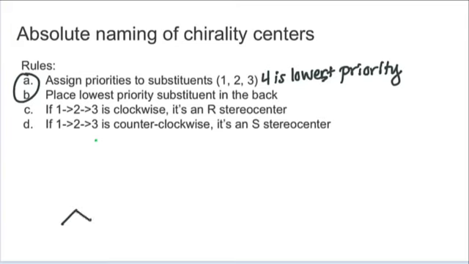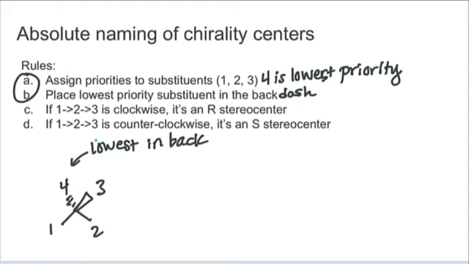So there's going to be 4 groups around a tetrahedral carbon atom, and we're going to be able to prioritize them as being 1, 2, 3, and 4, for example. And that lowest priority group, number 4, should be in the back. Remember, back is dash. So the lowest is in the back.